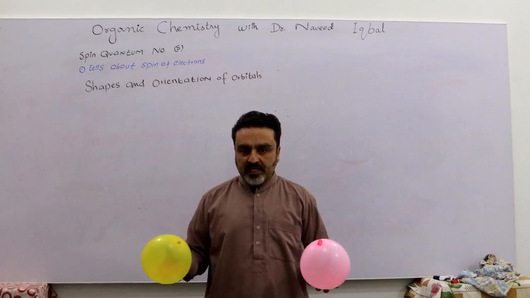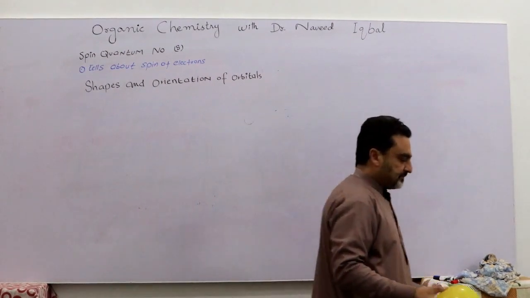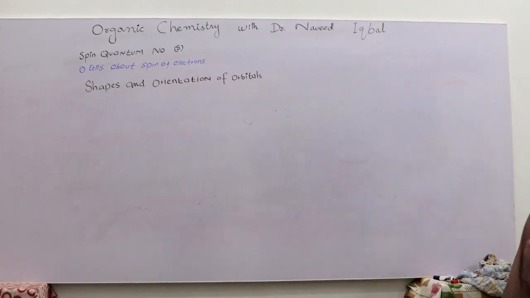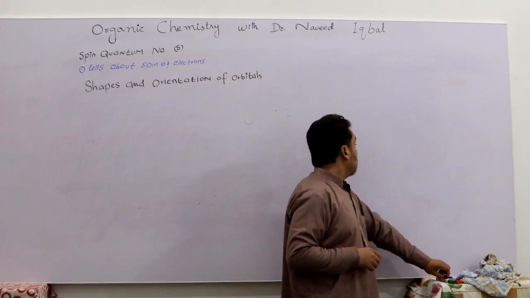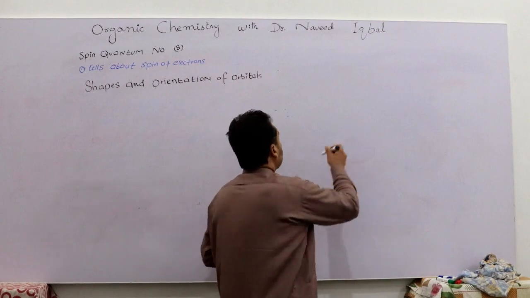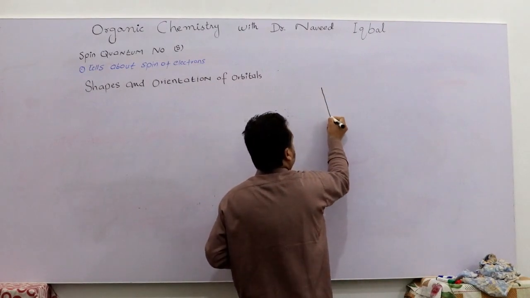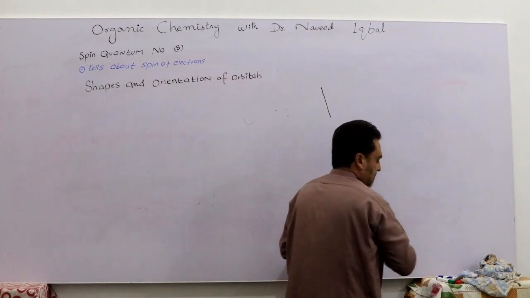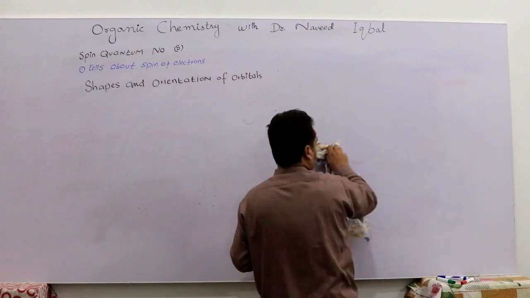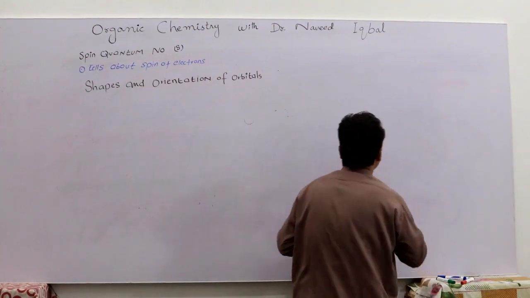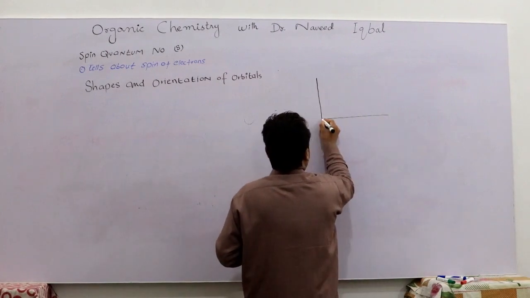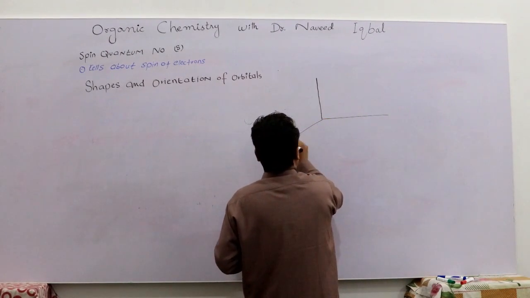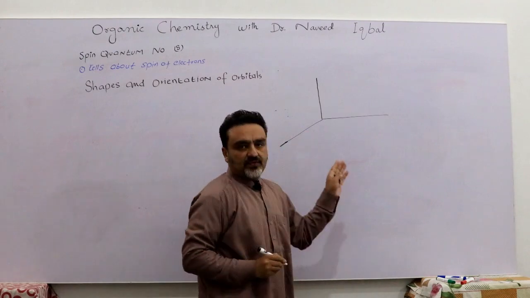To understand the orientation of these p orbitals, we need to understand the Cartesian coordinate system. Majority of you may know what the Cartesian coordinate system is. For those students, it's just a review or revisiting of the concept, and for those who are seeing it for the first time, it's a new thing.